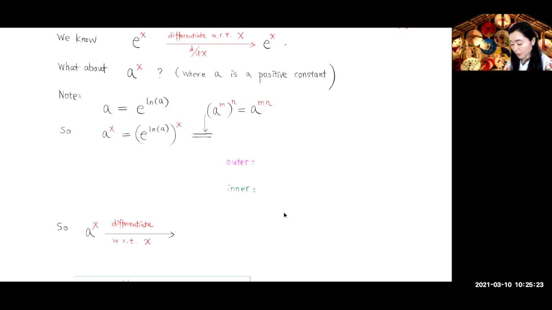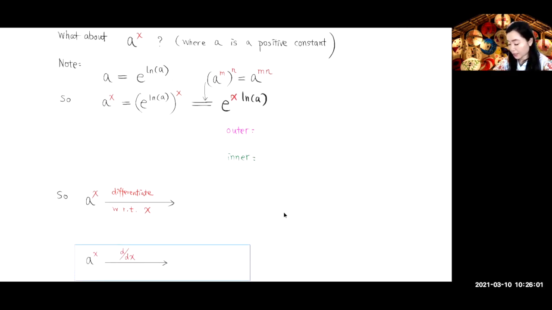So a to the x, I can replace this a by e to the ln of a. Now, when you have this to this power and then this whole thing to the x power, remember the power of a power rule: we multiply the exponents. So we multiply this ln of a with x. So this is going to become e to the x times ln of a.